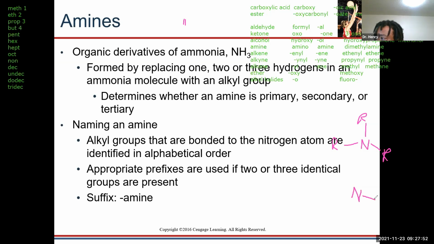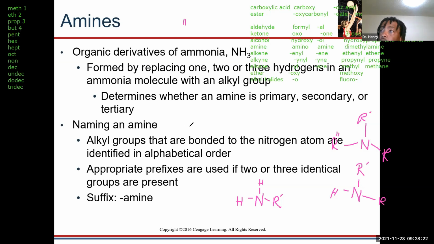This here would be a secondary amine because you have 2 hydrocarbons. This here is a primary amine, since it only has 1 hydrocarbon.